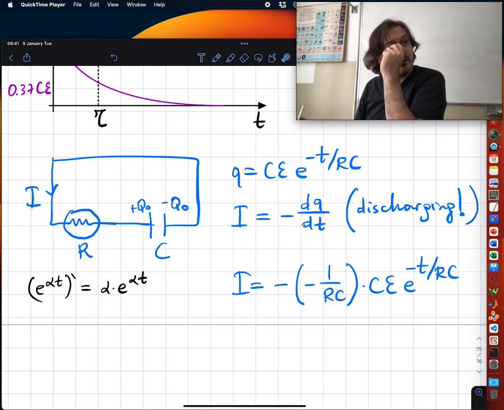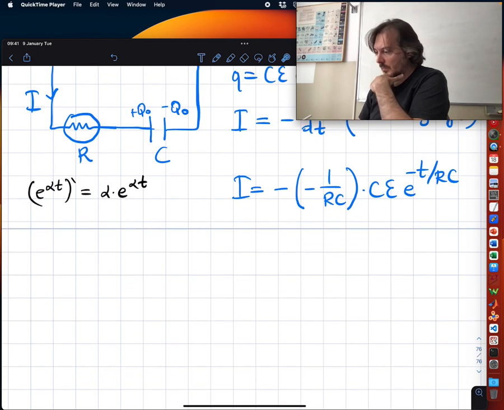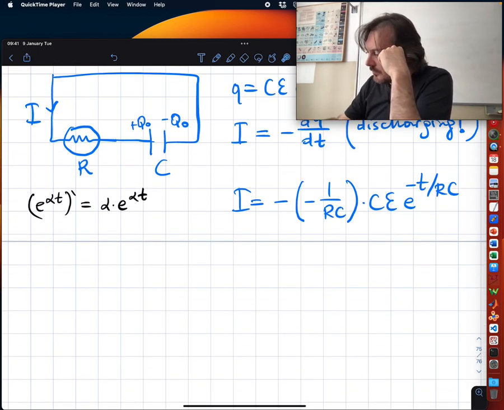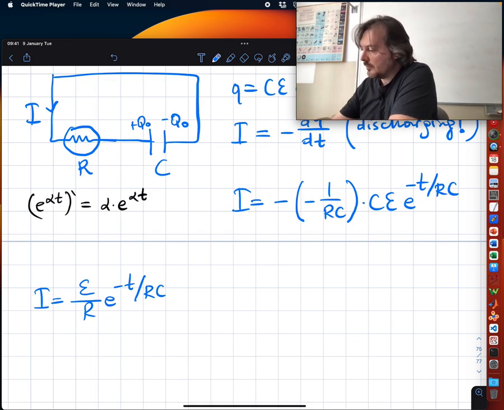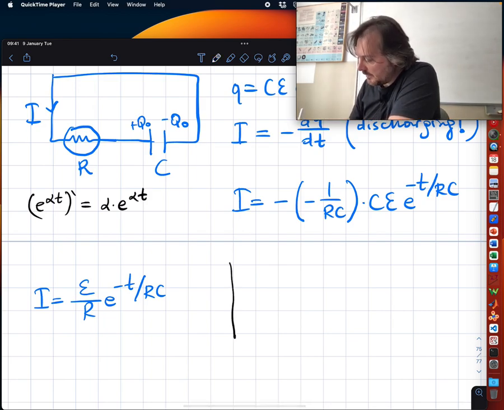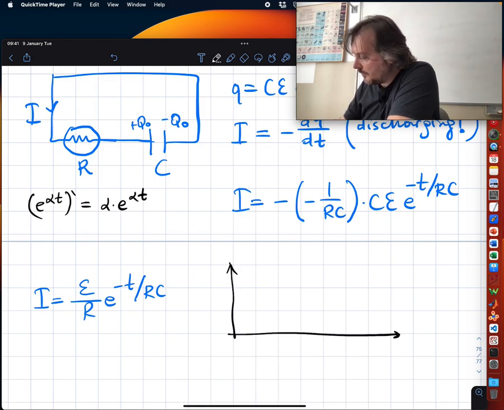Do you understand this? Hopefully you do. So I is E over R, e to the minus t over RC. Indeed, as you expected, at the beginning, I will be maximum.